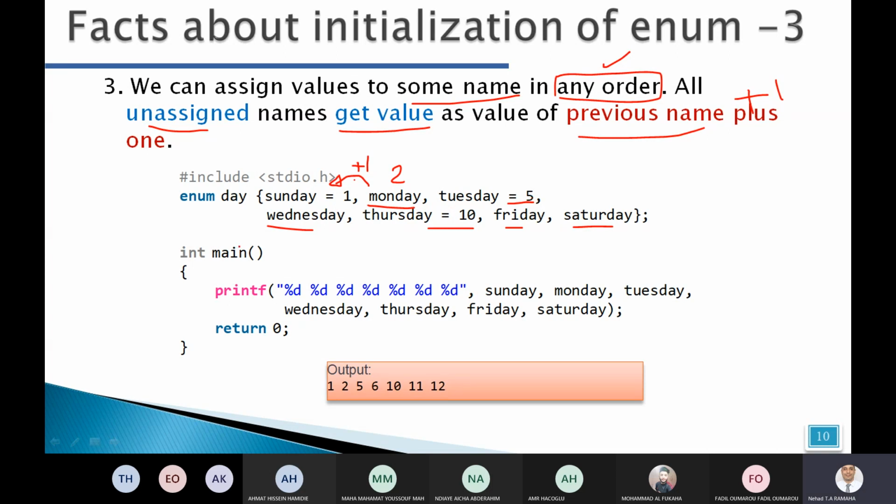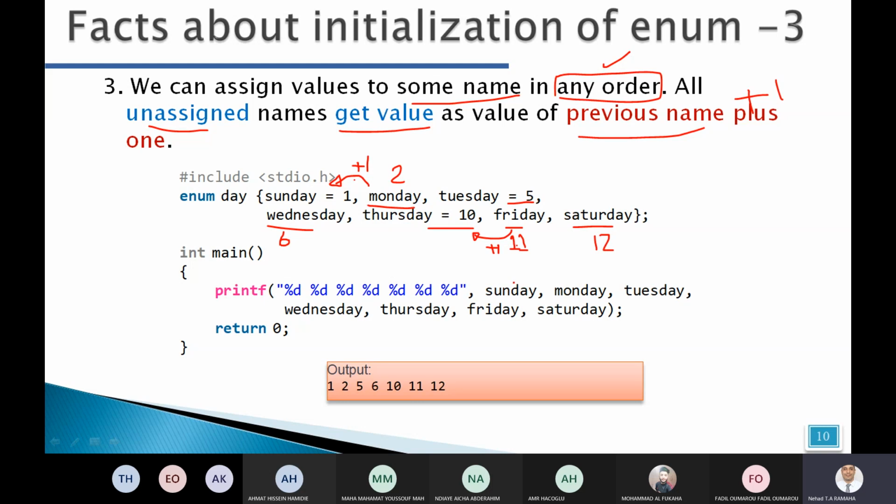It's equal 5. 5 plus 1, so it's equal 6. Friday, it will look at Thursday. It's 10 plus 1, so it's equal 11. Saturday will be Friday plus 1, so it's equal 12.